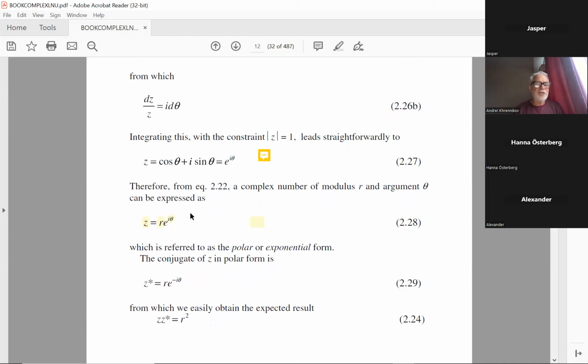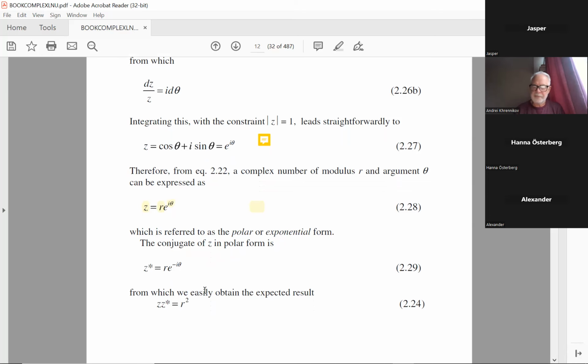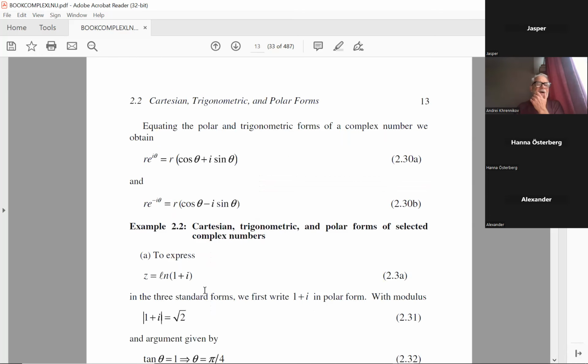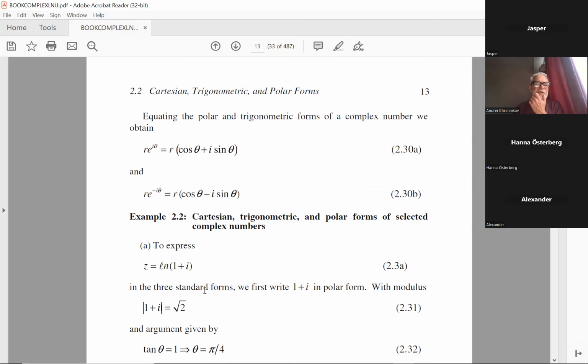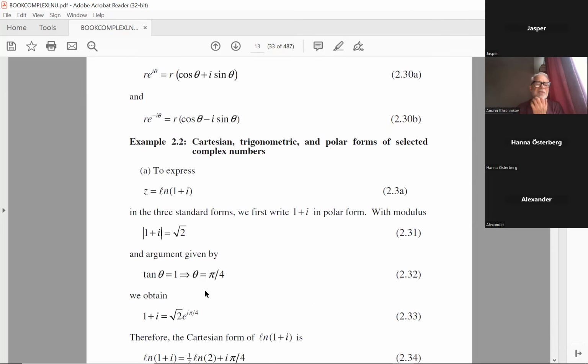If we take the conjugate of this exponent, we should always remember that it has this form, so there would be a minus here. So the conjugate in polar form has the same radius, but the argument is different. Yes, these formulas we memorize.